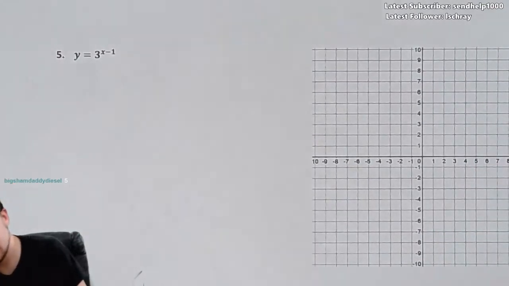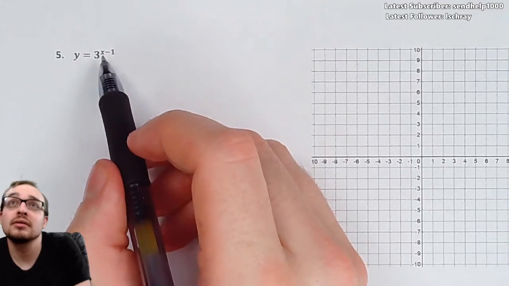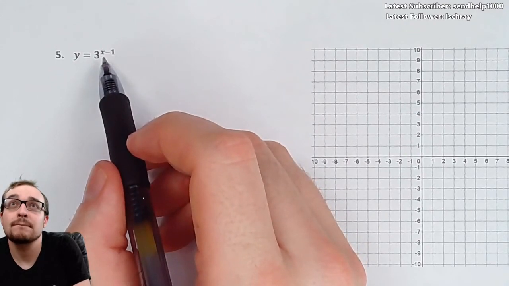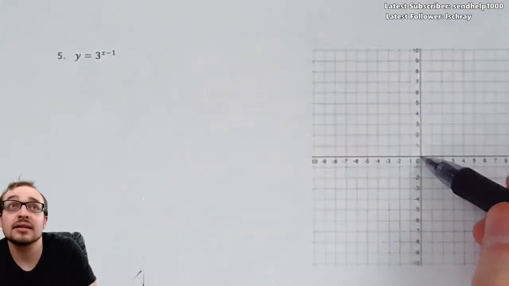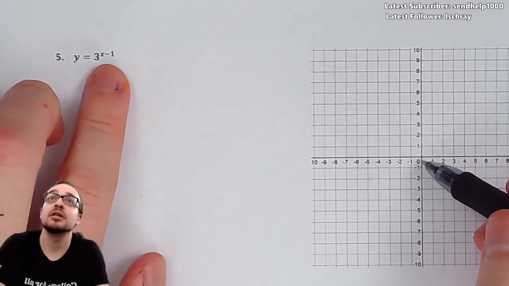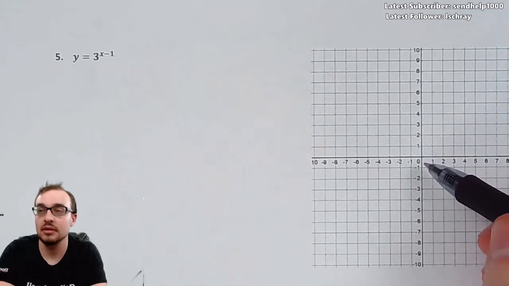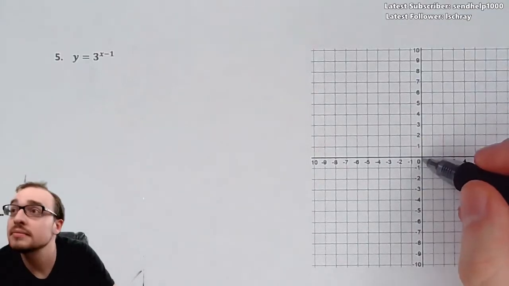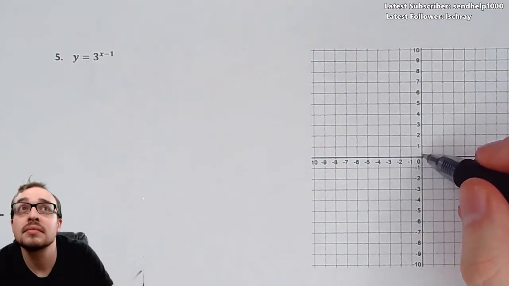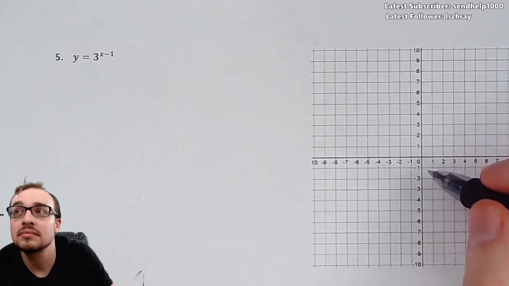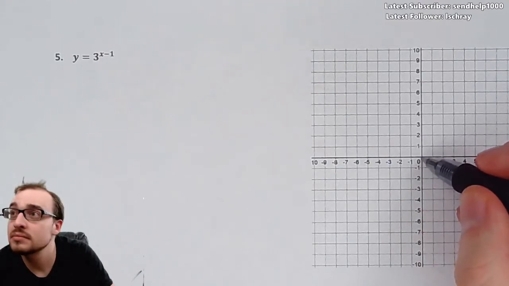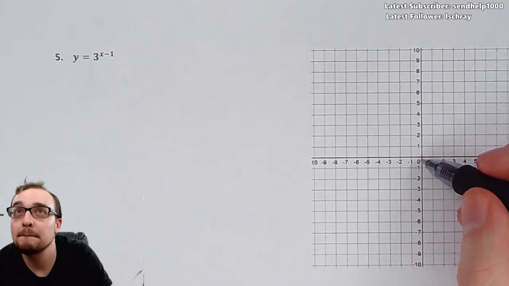So if we plug in 0, right? If I plug in 0 for x, 0 minus 1 is -1. What's 3 to the negative first? 3 to the negative first power.